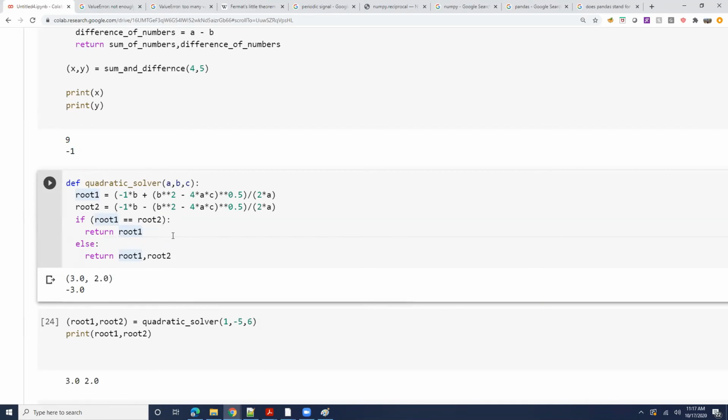Okay, list is one. Set is another one. Tuples, dictionaries, absolutely. So you can always return one of these. Now, for this particular function, quadratic solver, which one is the best?